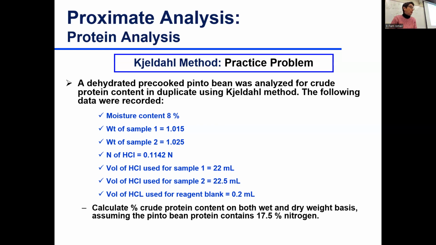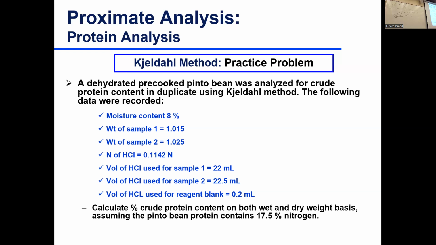Anybody with an answer? No? Potentially? Yeah. On average, I'm getting 21.6% for wet basis. For what basis?